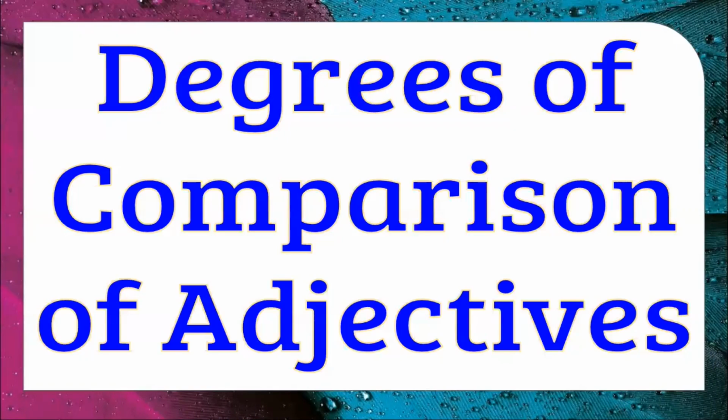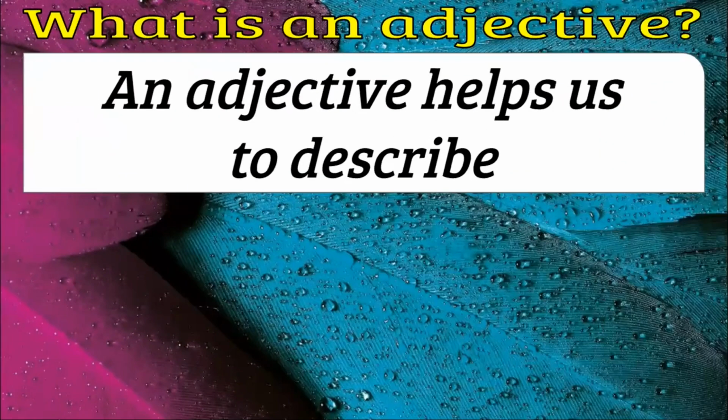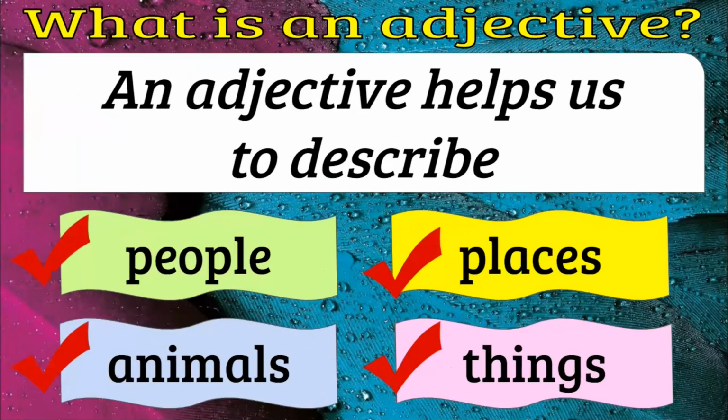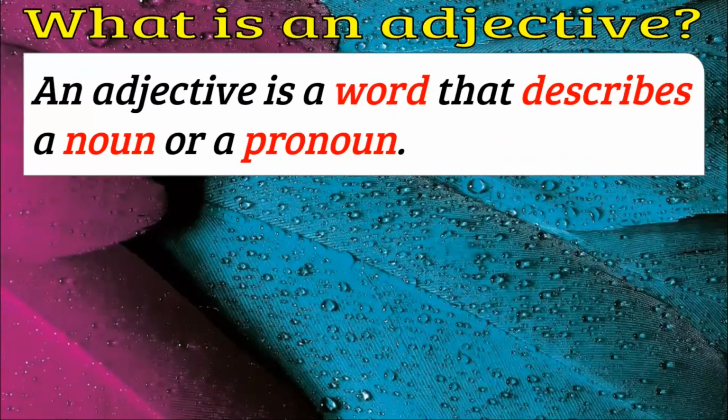Degrees of comparison of adjectives. What is an adjective? An adjective helps us to describe people, places, animals, or things. An adjective is a word that describes a noun or a pronoun.